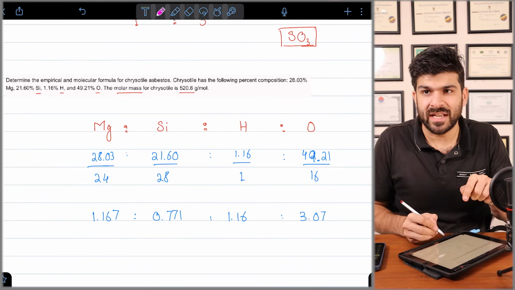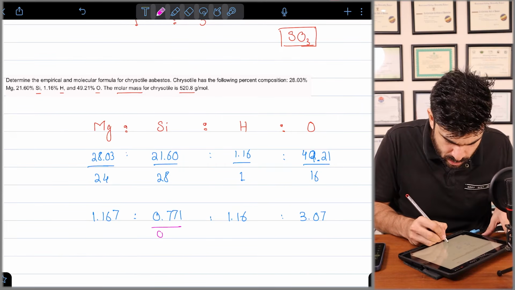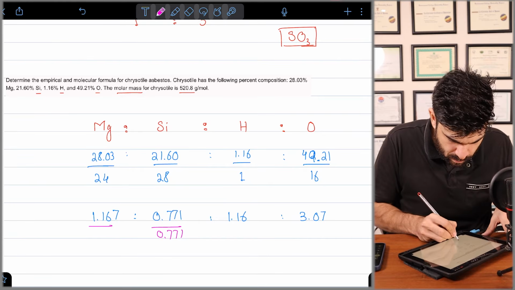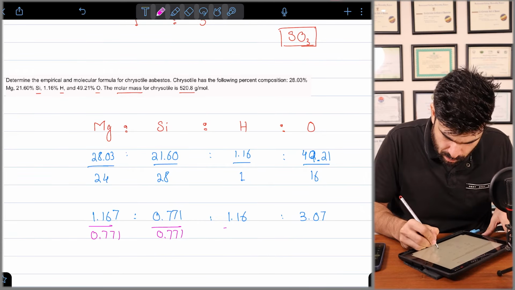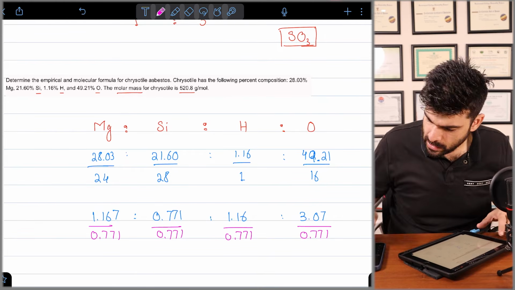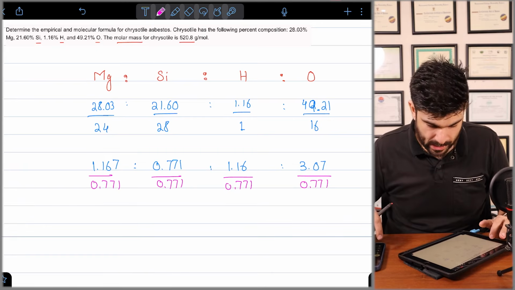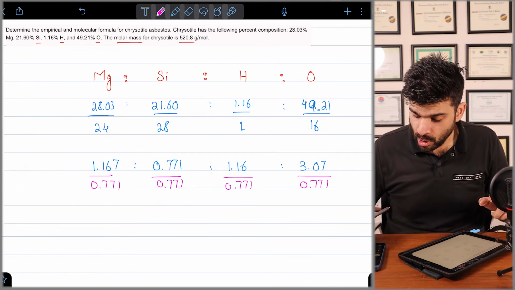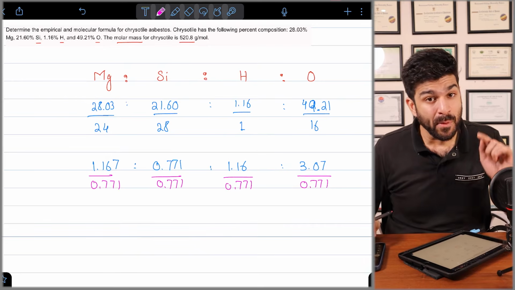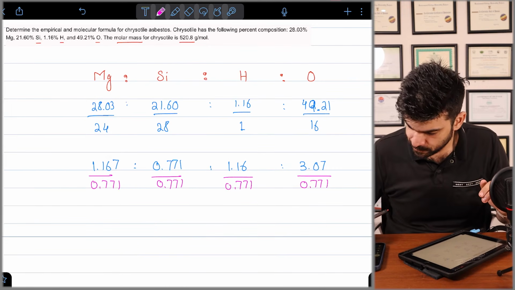Now, which is the smallest value? We see that 0.771 is the smallest value. We divide all the values by the smallest value. It's better that I solve it with you so that you can see how much time it will take you to solve the question. Even I'm doing the question for the first time.